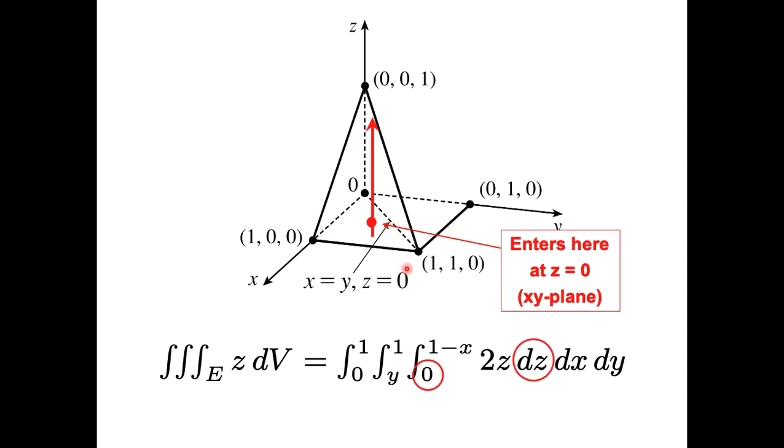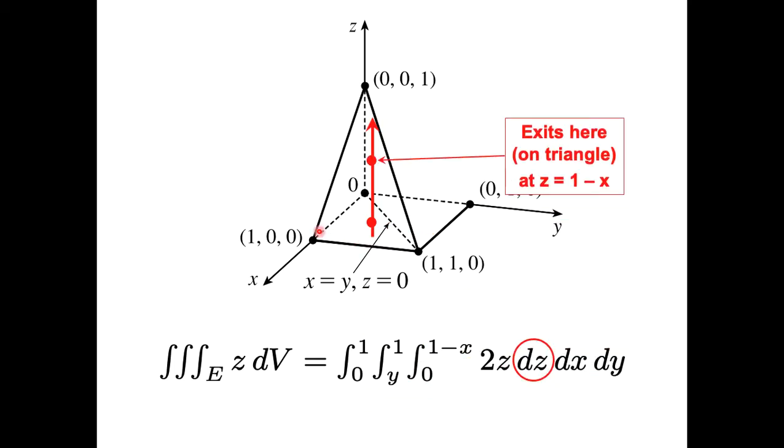But then again, you're shooting an arrow through this thing, and the arrow is just going straight up through that point. Because it's going straight up through that point, it's not going up to this little corner over here. It's actually exiting somewhere on the triangle here. Now, it's kind of hard to see.